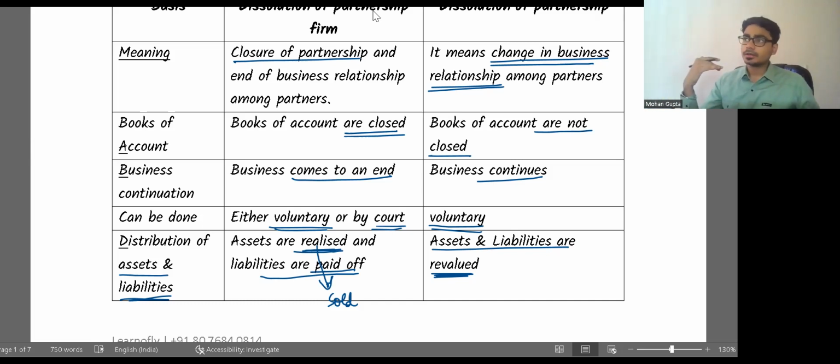Assets are not sold and liabilities are not paid off because the business will continue. They will not just let go of assets and liabilities. They will revalue them to the market values. Getting the point?